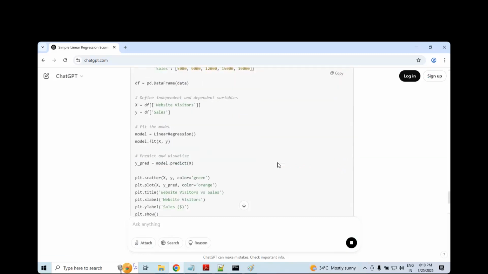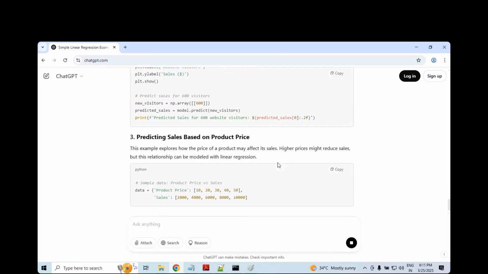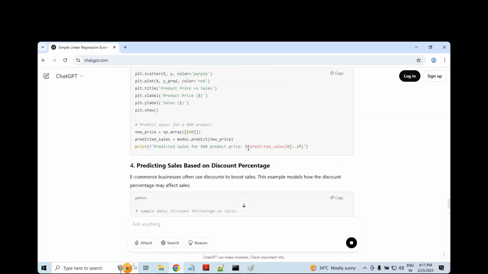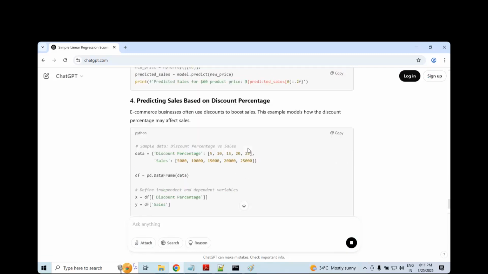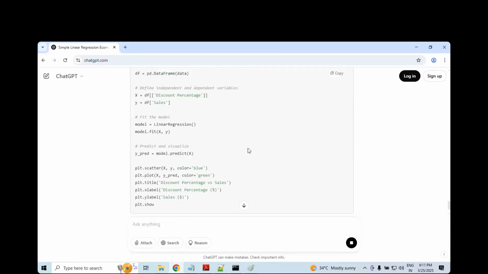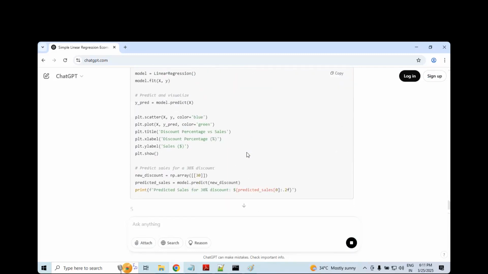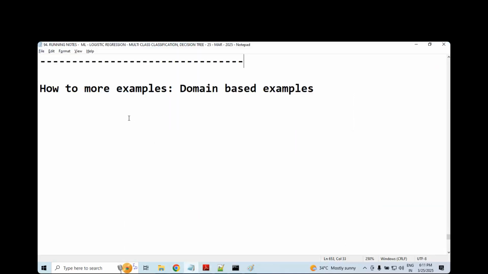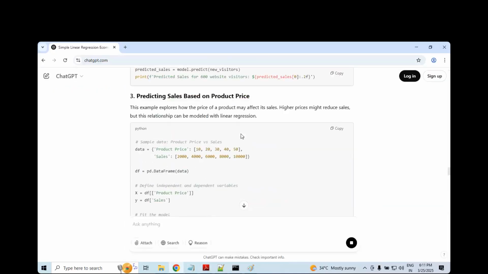Example 1, example 2. You need to walk through. So like this, I'm looking for other examples. Then do one thing: take the same code.